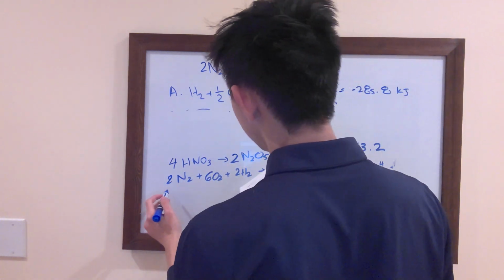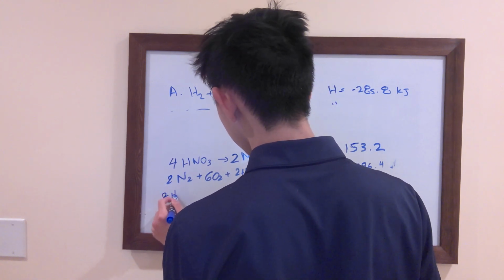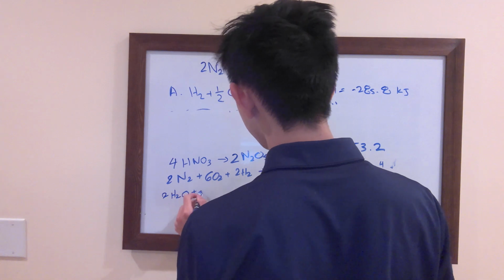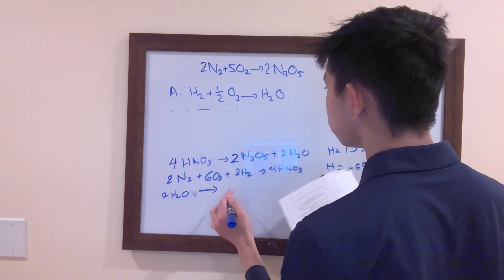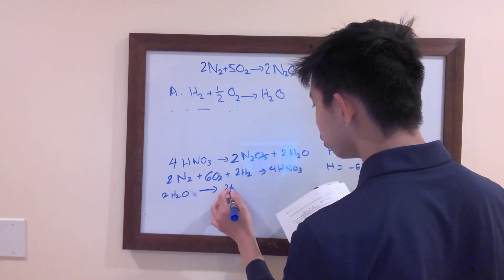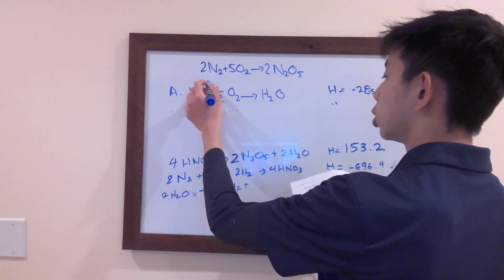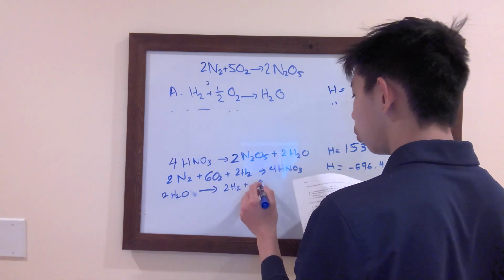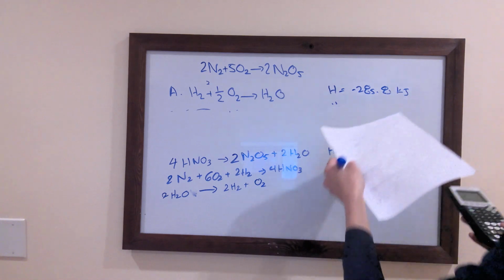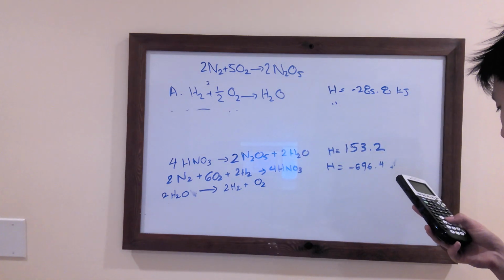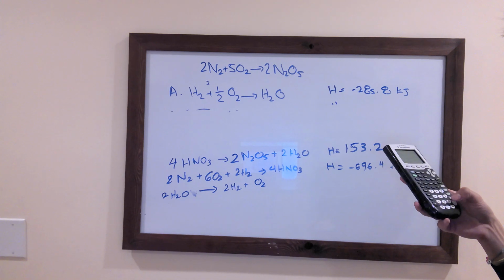So this will be 2H2O plus, alright, no. And then the sign. And then this will be 2H2 plus, multiplying this by 2 will give us 1O2. And then it's just this negative 285.8 times 2.